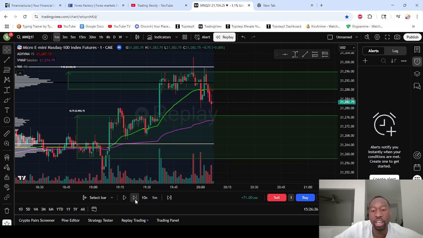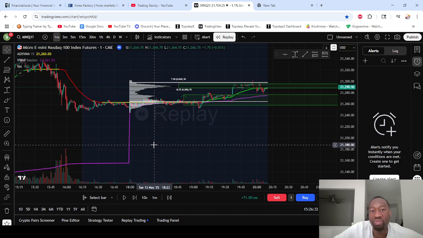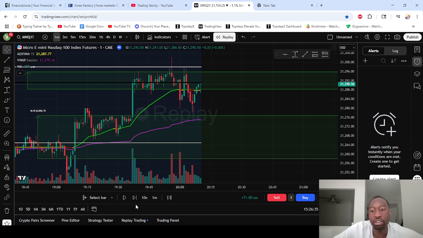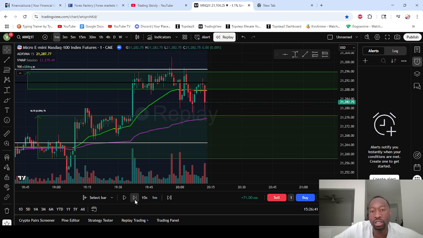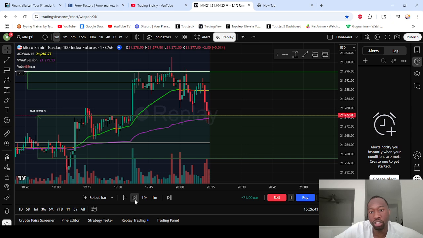So I'm looking to see if we can get a proper move, right? Let's see if we can keep going. Again, this is now starting to range, right? We're not going anywhere. We're not doing anything. So now we're rejecting. Again, I'm only going to trade bullish because the trend is bullish. So we're looking for points here.